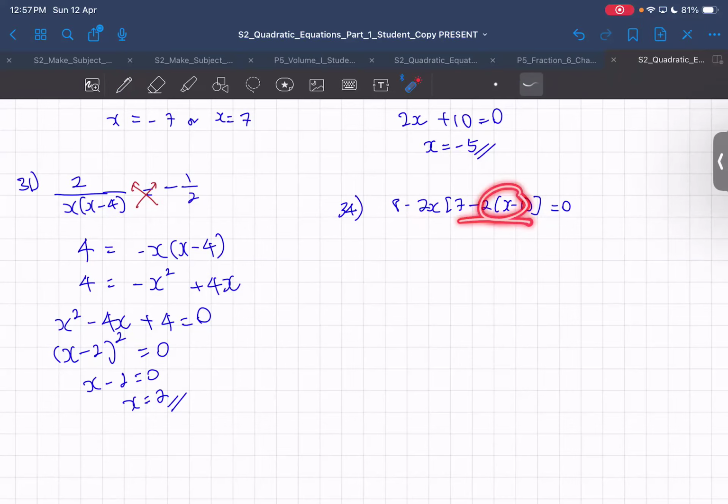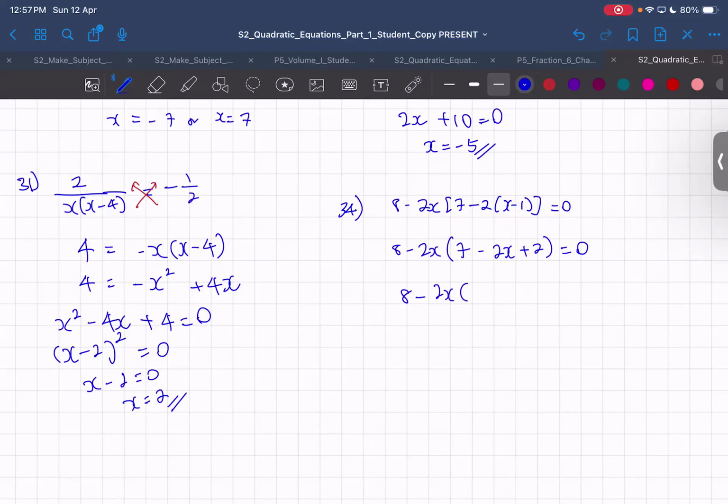Do the inner brackets first. So my bracket outside still remains because I haven't opened it up. So I expand and simplify first. So minus 2x plus 9 inside. Over here, nothing changed yet. Then after that, I expand.